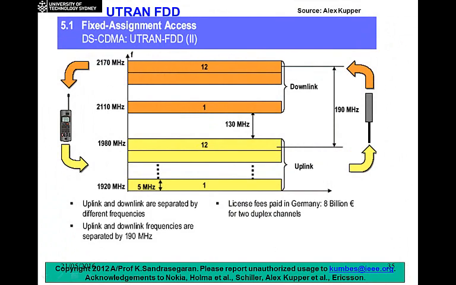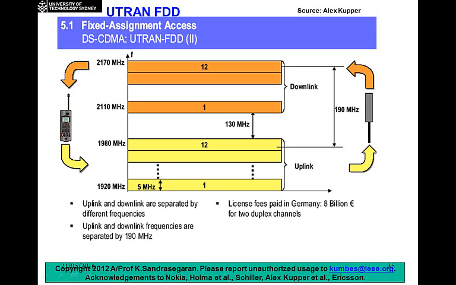Okay, so we go back to understanding how the multiple access scheme works here. In the case of UMTS FDD, we need a 5 megahertz bandwidth.